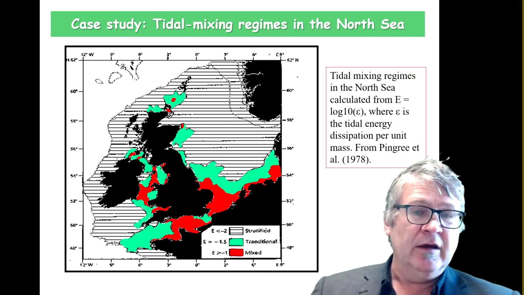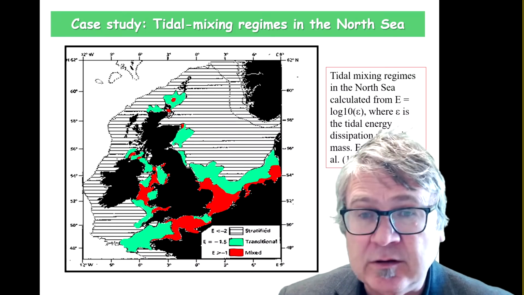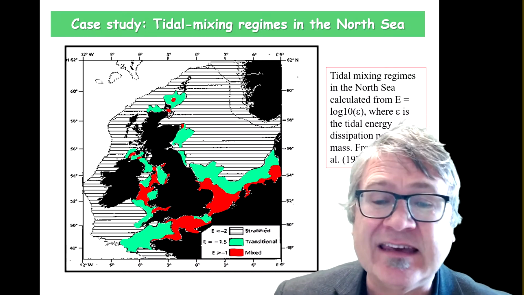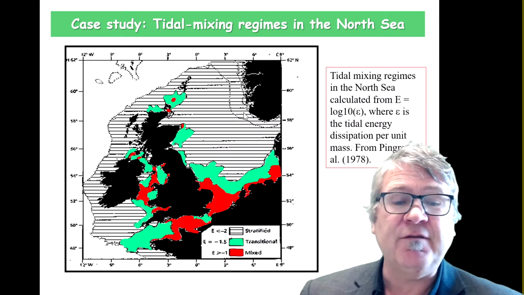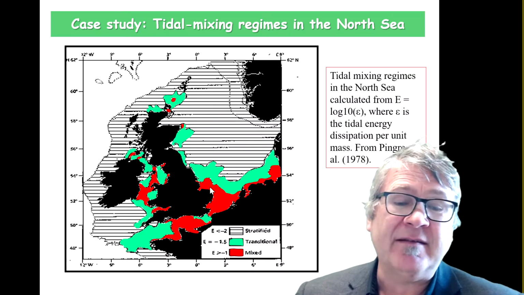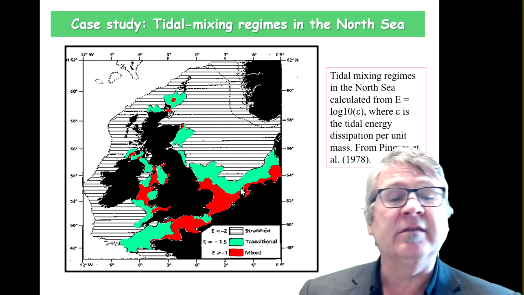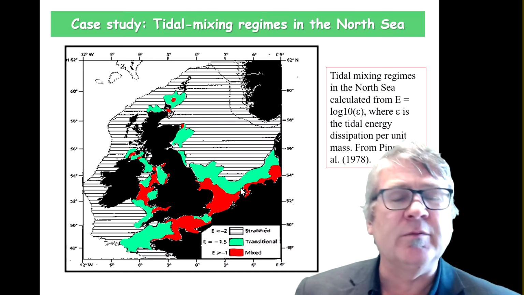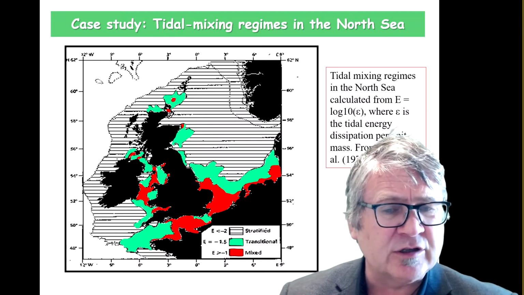You essentially have regions which are always stratified in the warmer times of the year, not winter time, and then you have mixed regions. The red zones are the mixed regions, and then you have transitional regions, which means there are seasonal changes of the location of the front.